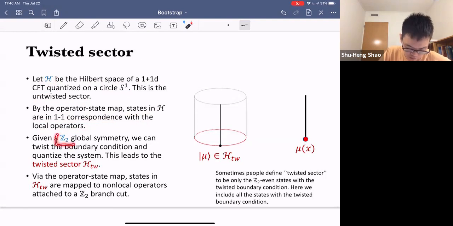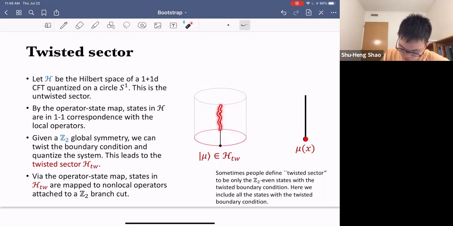If I have a Z2 global symmetry, then I can twist the boundary condition on this circle by a Z2 twist. That's shown schematically here. I draw a line, meaning that I implement the Z2 twist at every time. You can think of this as a Z2 branch cut. The branch cut is topological, so you can put it here or you can put it here, that doesn't matter.